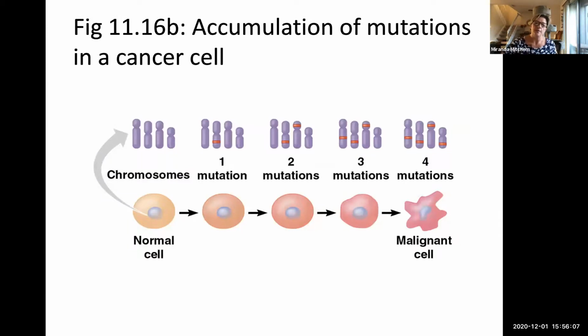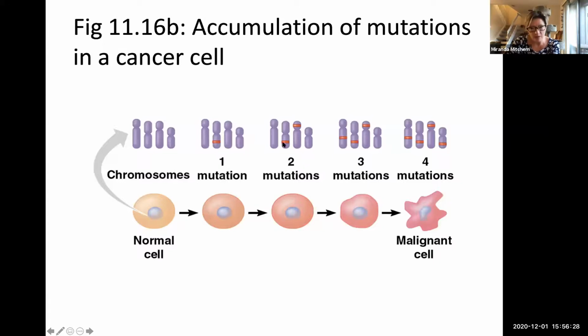So here's another example leading to a malignant cell. We're looking here at a normal cell, and we're looking at 4 chromosomes. First, we have 1 mutation, and we're starting to have a little bit of transformation towards the cancer phenotype and genotype.